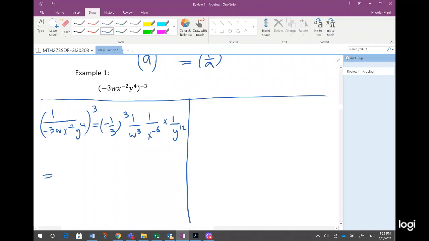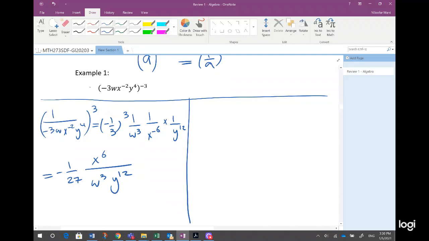So it is minus 1 over 27, x power 6 over w power 3, y power 12. So first I flip. Whatever I see up comes down, whatever I see down comes up. No change, I just change power minus 3 to 3, negative to positive, and then I continue after. For each power I need to multiply, and then I move whatever is with negative.